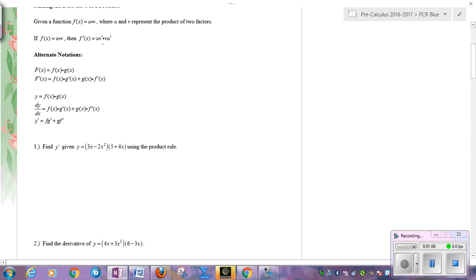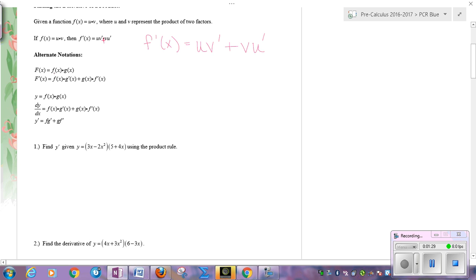There is a little typo in here. This should say plus. Okay, so in order to find your derivative with the product rule, you're going to do u times v prime plus v times u prime. Hazard of typing quickly.